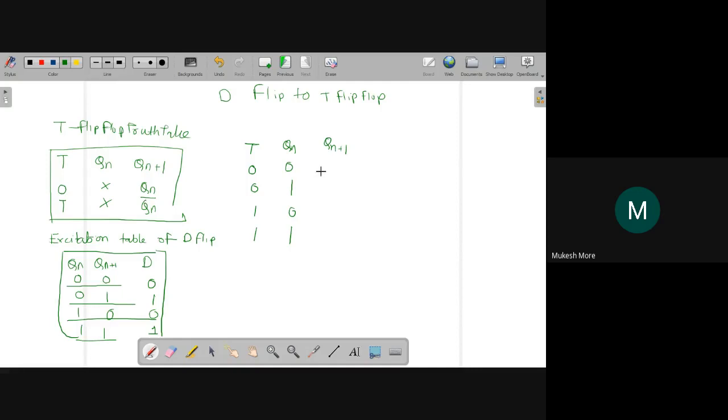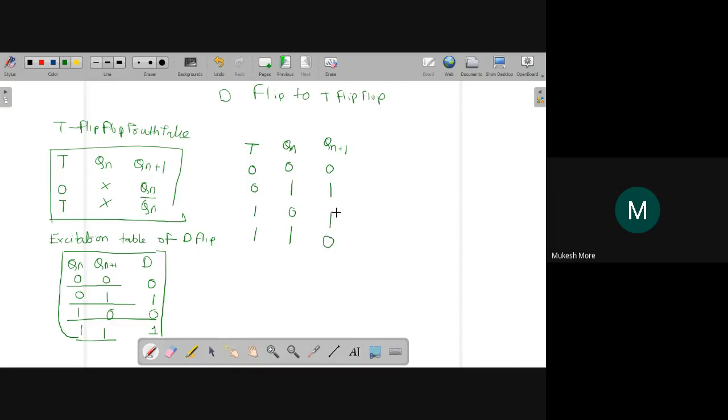So here present state is the same in Qn plus 1 next if T is equal to 0, and here is a 1, here is a 1 and 0.